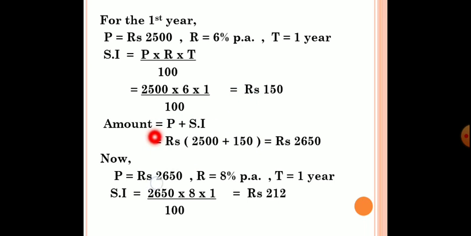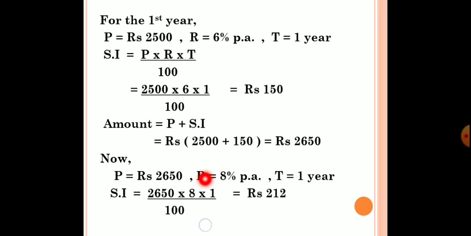So amount is equal to principal plus simple interest, that is 2500 plus 150 is equal to rupees 2650. So this is the amount of the first year, that is 2650, which is the principal for the second year. Now for the second year, principal is equal to rupees 2650, rate of interest is 8% and the time is 1 year.